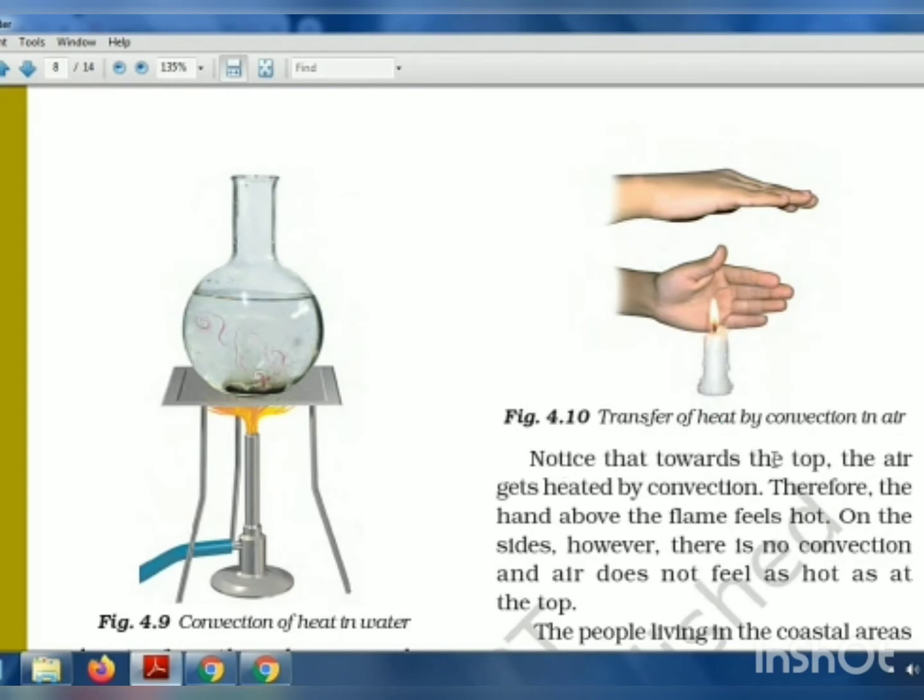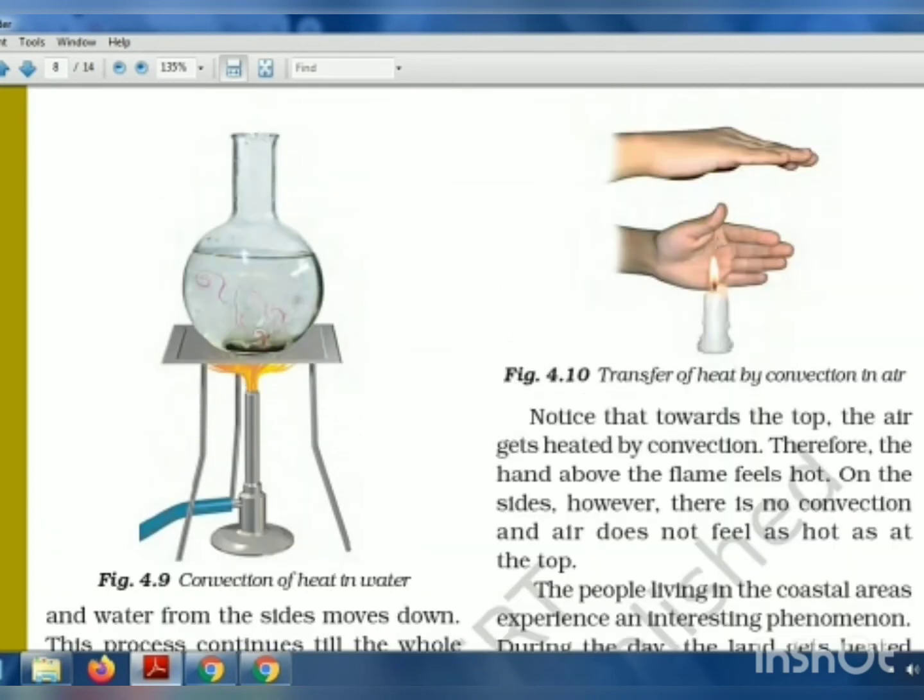Notice that towards the top, the air gets heated by convection. Therefore, the hand above the flame feels hot. On the sides, however, there is no convection and the air does not feel as hot as at the top. So the hand on the side will not feel the heat, but the hand on top of the candle will feel the heat.